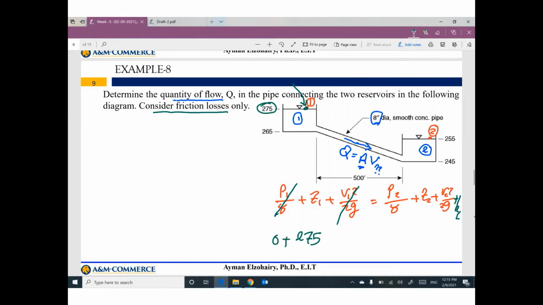So this term is 0, this term is 0. The other side, you are lucky, because this side also at surface number 2 is a surface of a tank. We have air pressure, so this pressure is 0. What is the elevation here? 255. What is the velocity here? Will be 0, because it's a surface of a tank.